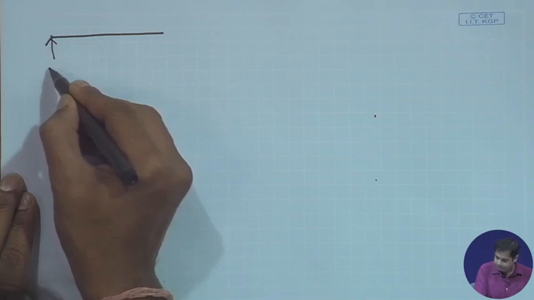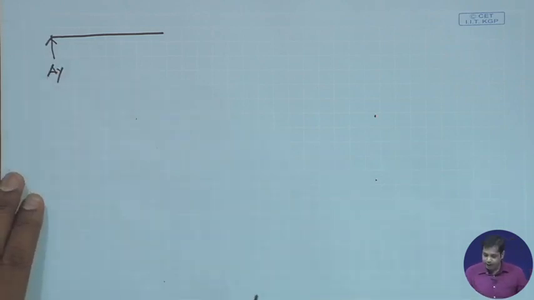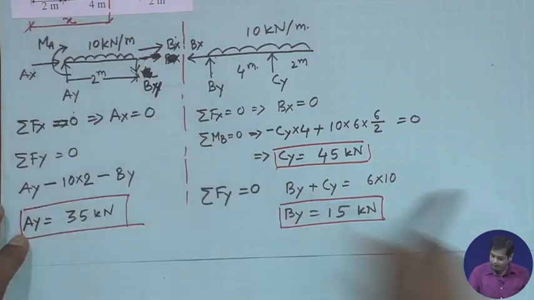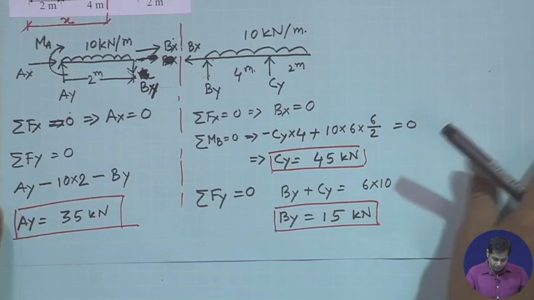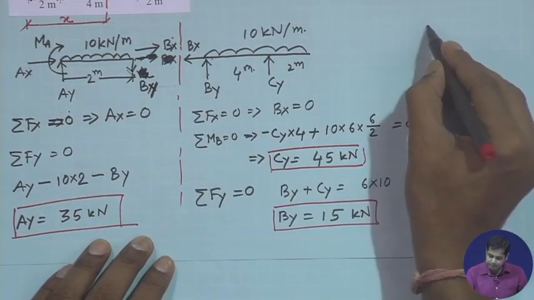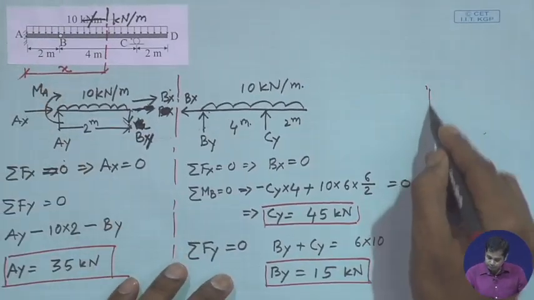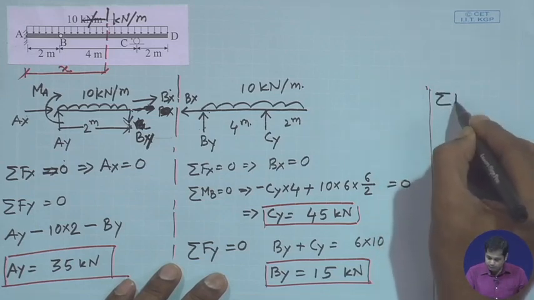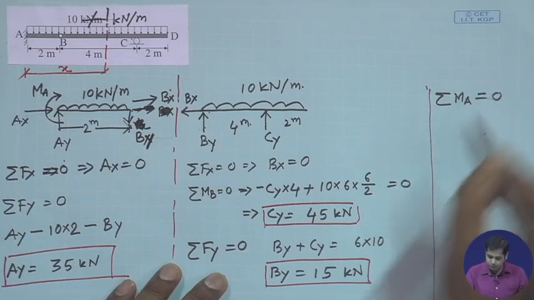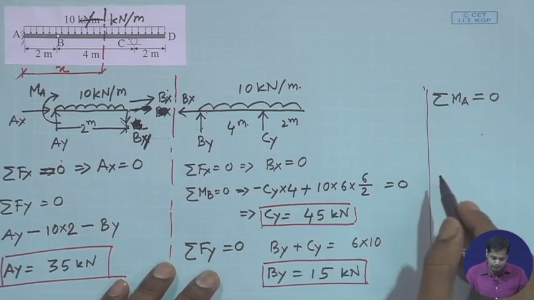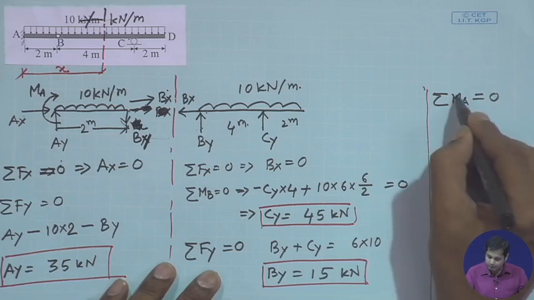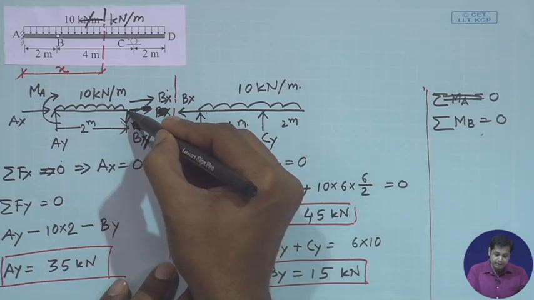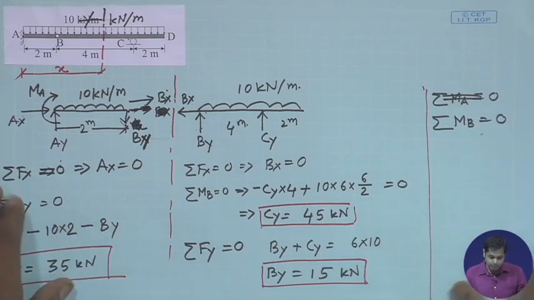The free body diagram will be this is Ay. Another thing we have not yet determined is the moment at A. Moment at A you need to determine by taking moment about A, or you can take moment about B equal to 0, because this is a hinge, so there will be no moment.